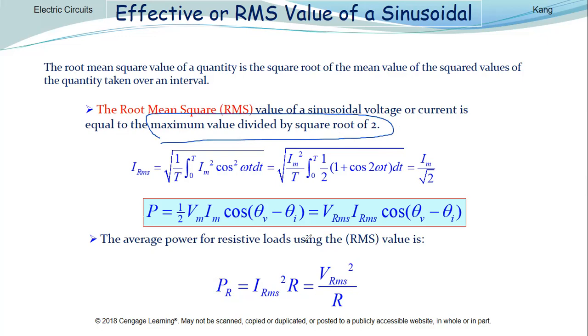So my I RMS value equals the square root of 1 over T times the integral with upper limit T and lower limit 0 of Im square cos square omega t dt, which equals the square root of Im square over T times the integral from 0 to T of half into (1 plus cos 2 omega t) dt, which equals Im divided by square root of 2.